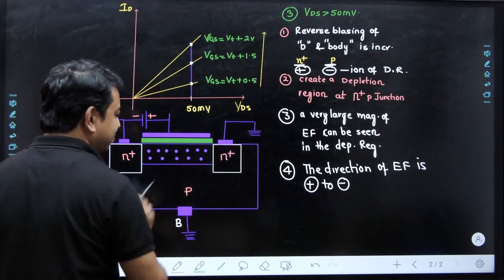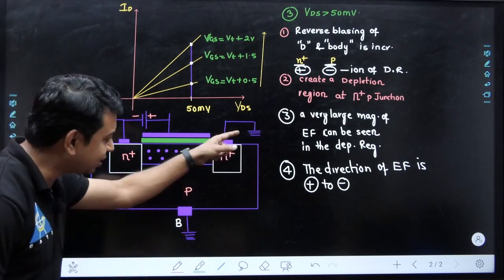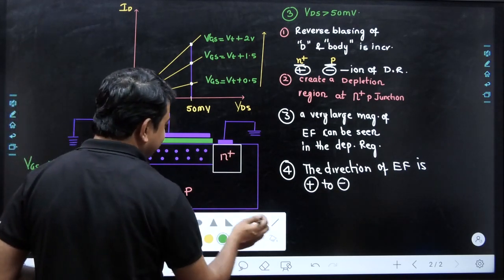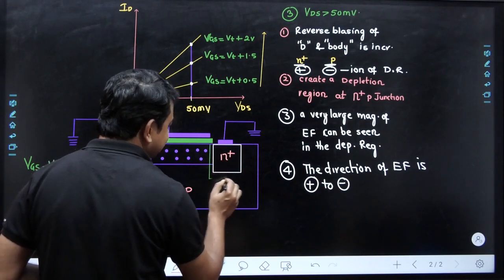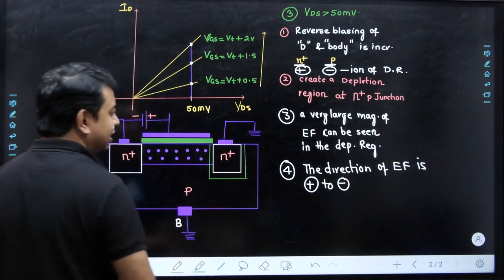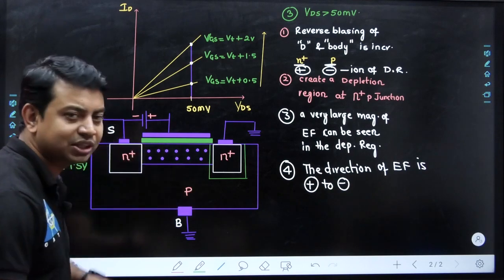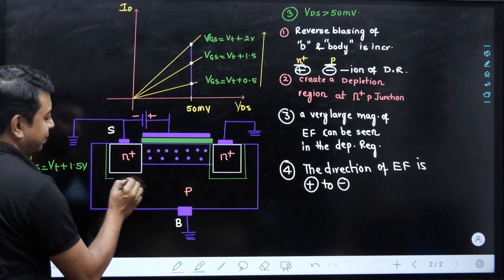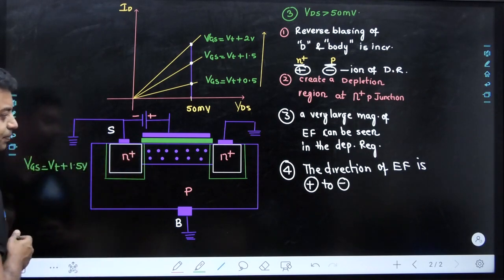So this N plus NP will be in equilibrium because these two are grounded. If they are in equilibrium, we have the width of the depletion region which is present because of the equilibrium condition of this N plus P region. Similarly, since this is source, this is body, we have the depletion region that is equal to this.